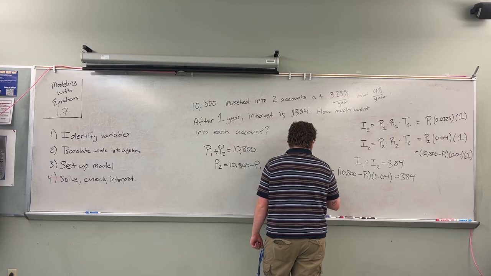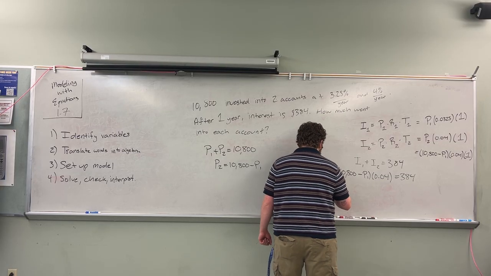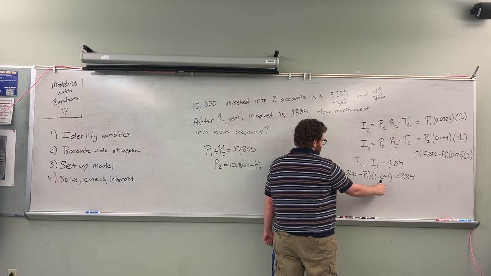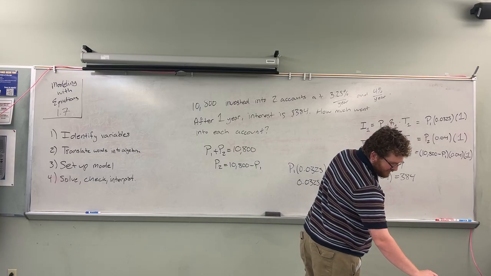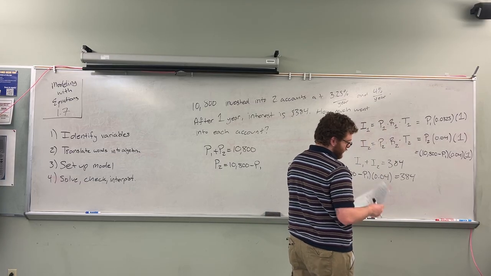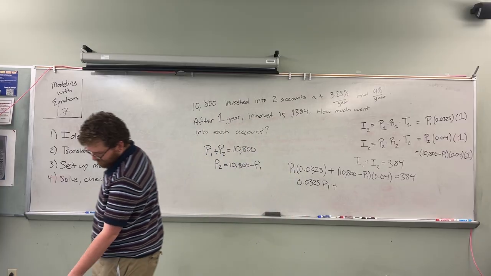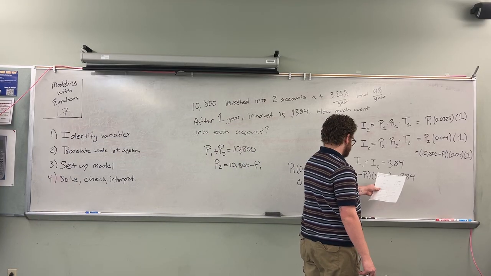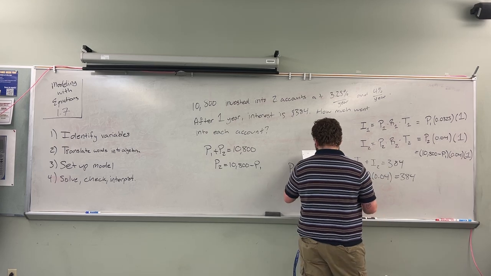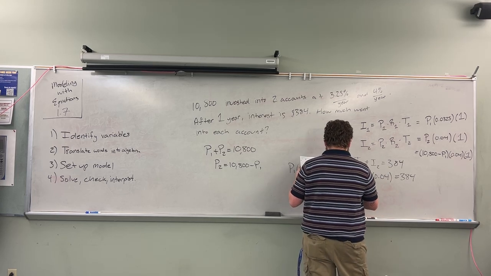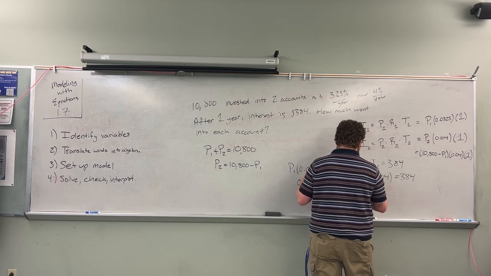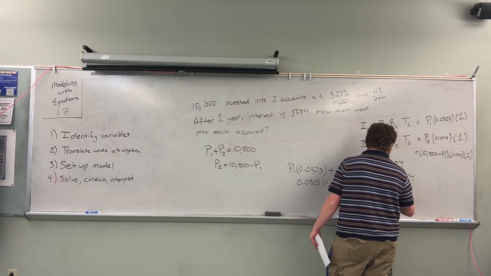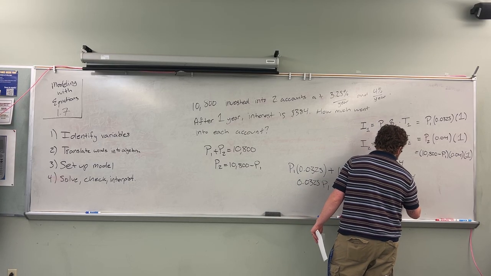I get 0.0325 P1 plus 10,800 times 0.04 is, I've got it on this sheet of paper over here, 432, then minus 0.04 P1 equals 384.